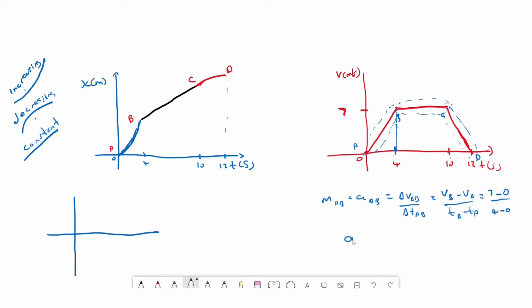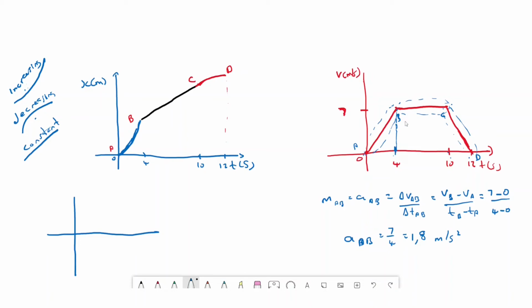So the acceleration between A and B is going to be 7 over 4, which is 1.75, or roughly 1.8 meters per second squared.